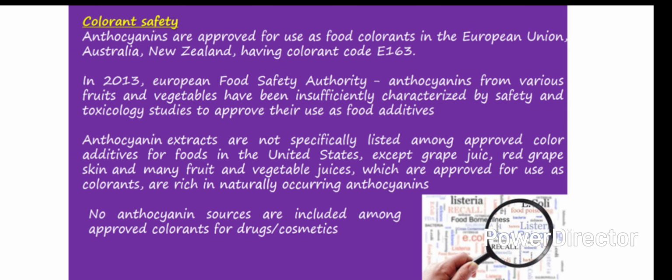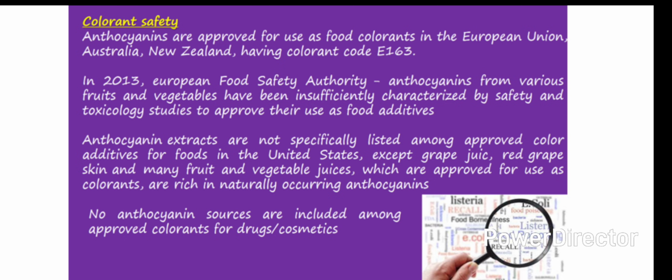In 2013, a panel of scientific experts for the European Food Safety Authority concluded that anthocyanin from various fruits and vegetables have been insufficiently characterized by safety and toxicology studies to approve their use as food additives. Anthocyanin extracts are not listed among approved color additives for foods in the US.